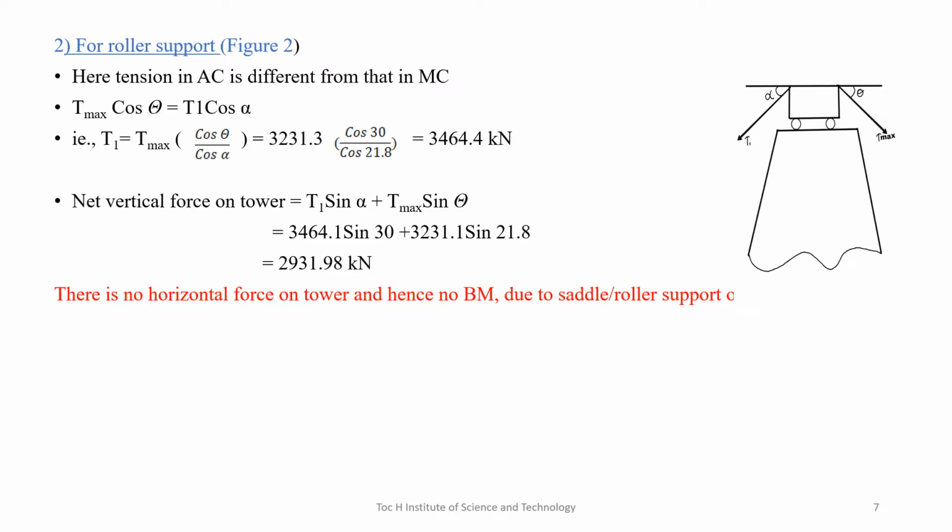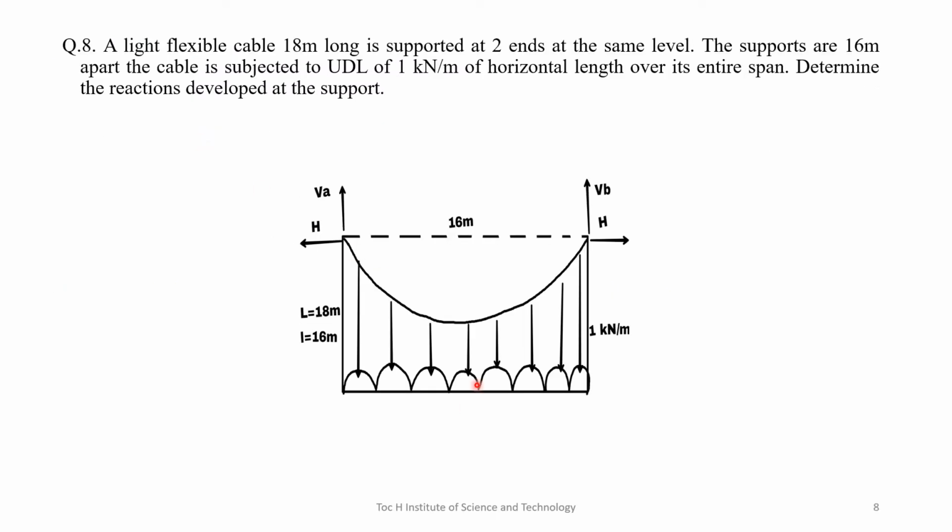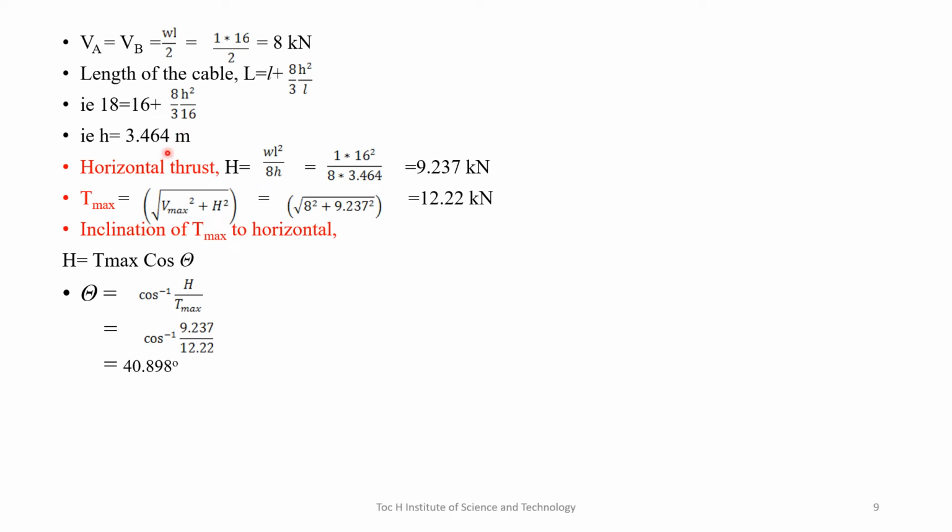Okay, now the dip of the cable is equal to 3.464 meters. So the horizontal thrust H is equal to WL square by 8h, and that's equal to 9.237 kilonewton. From that, find out T max, which is equal to, here we have VA equal to VB, so T max is equal to square root of V square plus H square, and that's equal to 12.22 kilonewton.